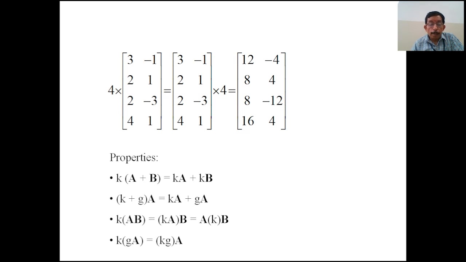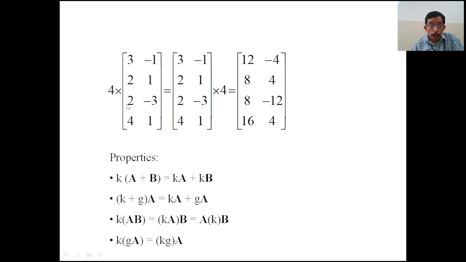Now 4 times the second row, second column, that is 1, answer is 4. Now 4 times the third row, first column, that is 2, answer is 8. And 4 times the third row, second column, minus 3, is minus 12.